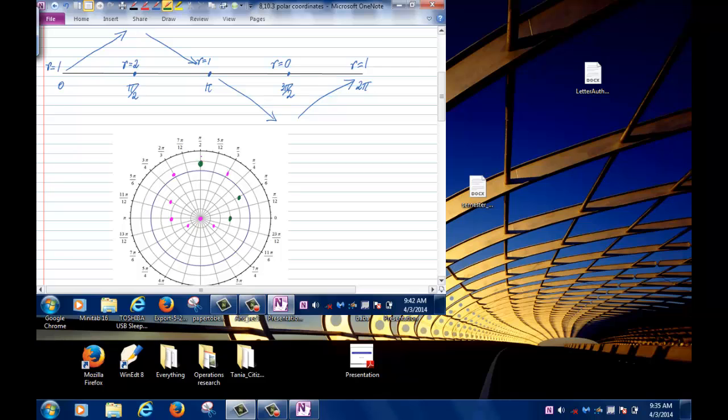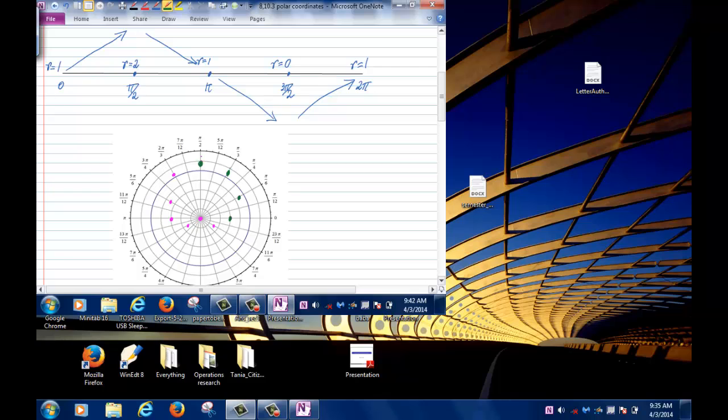What is the value of r at pi over 3? Well, at pi over 3, the sine value is what? Root 3 over 2, and then you have to add 1 to it. So what you get is I guess it was what, 1.8 or something like that. So that's why I'm getting this point here.